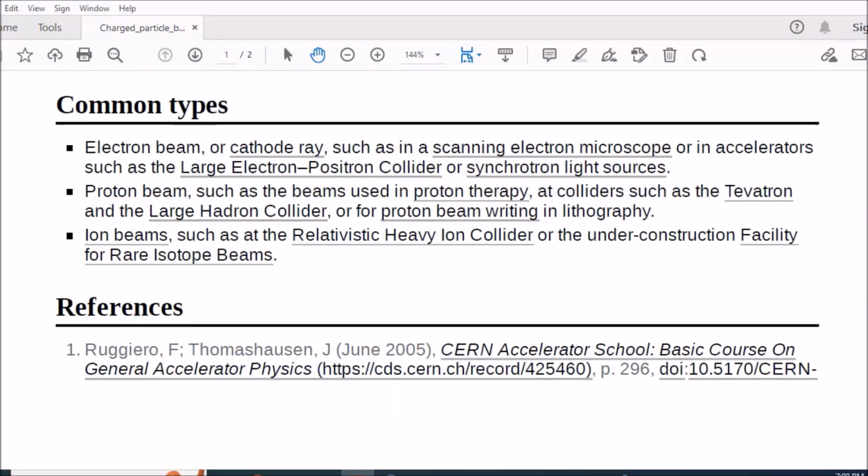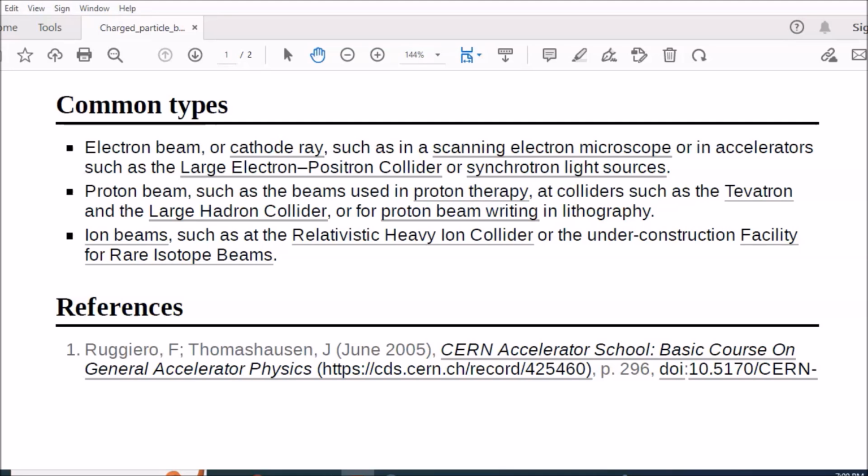Common types: electron beam or cathode rays, such as in a scanning electron microscope, or in accelerators such as the Large Electron Positron Collider or synchrotron light sources. Once again, we're working with electron beams, and that's exactly what we want.